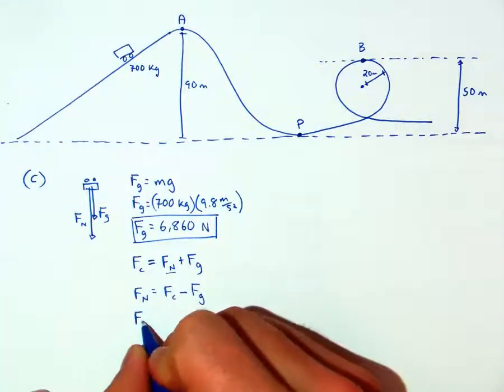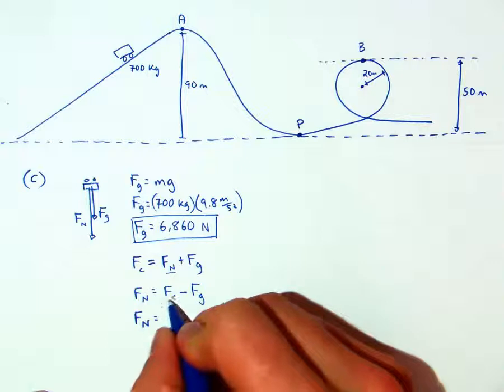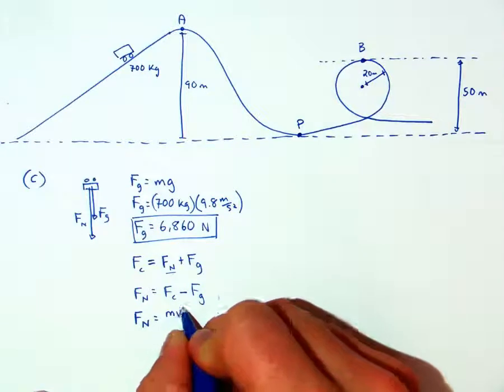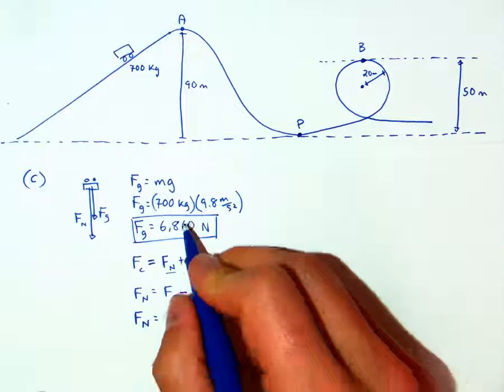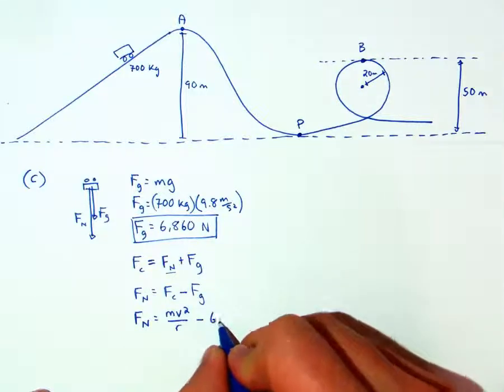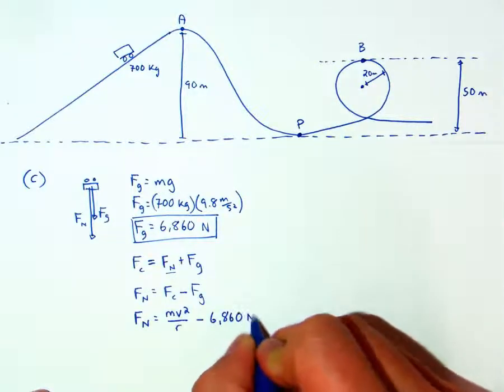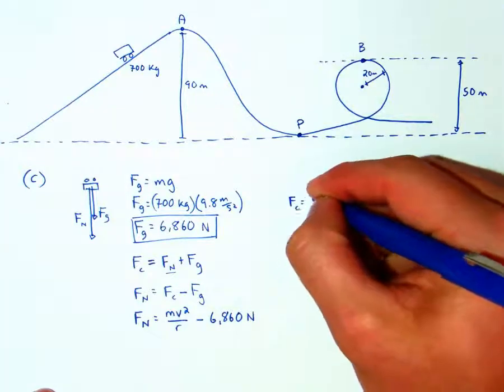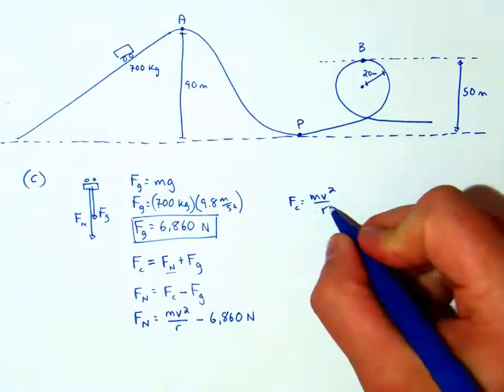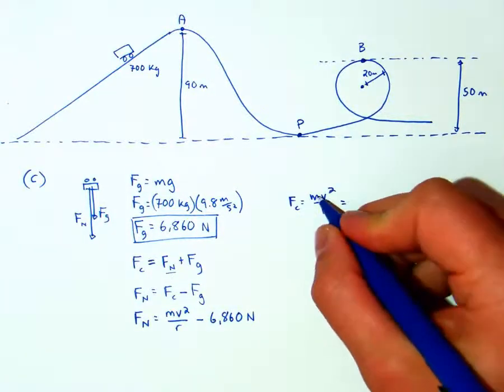So if I'm looking for the normal force, what is this? We remember our equation for centripetal force is mv squared over r, and the gravitational force here we solved for, which was 6,860 newtons. Let me go ahead and just do my centripetal force over here. mv squared over r. Well, do I know the velocity?